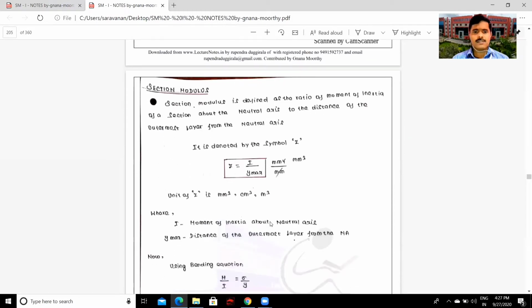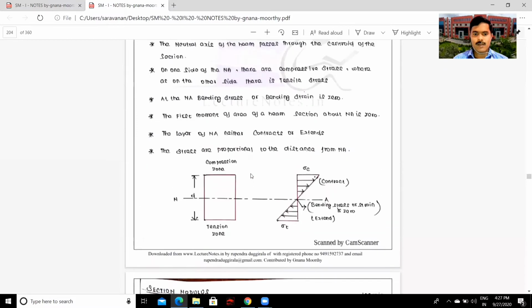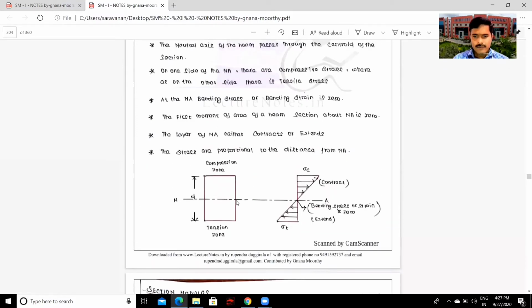Now we can see what is section modulus. So section modulus is defined as the ratio of the moment of inertia, second moment of area, moment of inertia of the section about the neutral axis to the distance of the outermost layer from the neutral axis. If you see, this is the y from here to here.